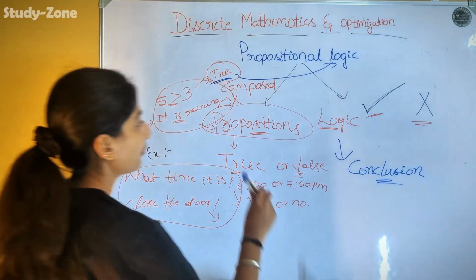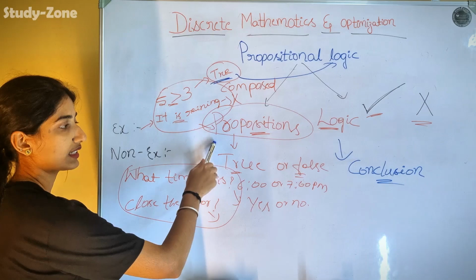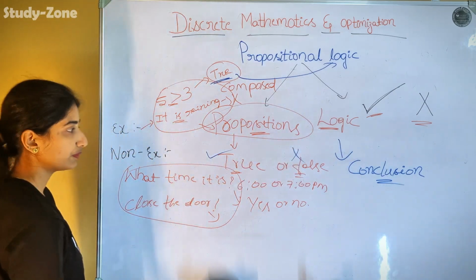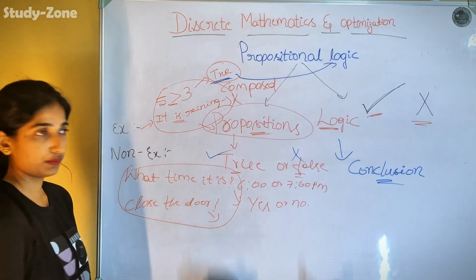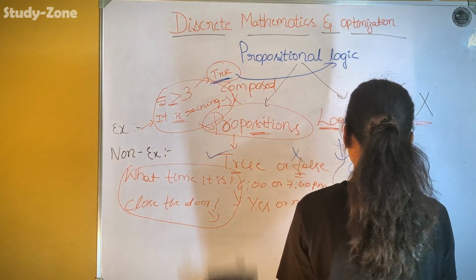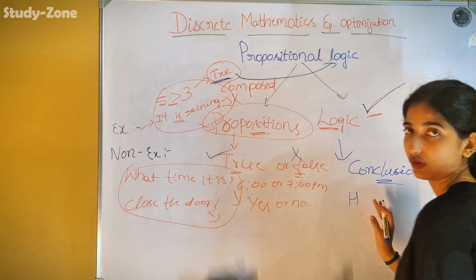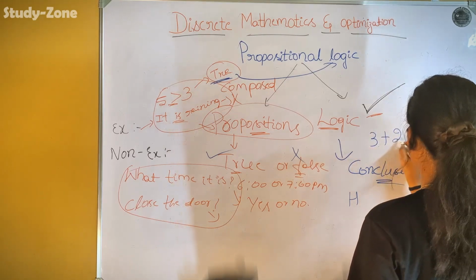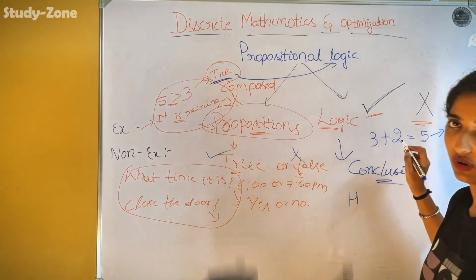With the help of proposition, propositions are the statements which can either be true or false. Some examples we have seen about proposition. Let us take one example, that is 3 plus 2 is equal to 5. What is the answer for this? We all know it, right?